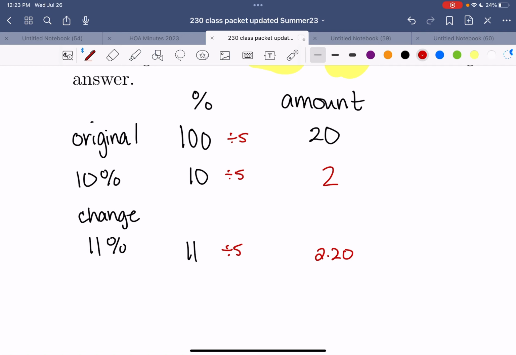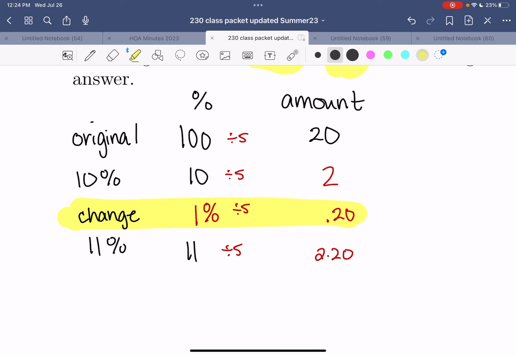So the change is an increase in 1%. So you can look at it as a 1% change in this manner, right? And so if you were over here, if you looked at 1% and you divided that by 5, you would get the 20 cents, right, that you added on. So in this way, the change is 1%.